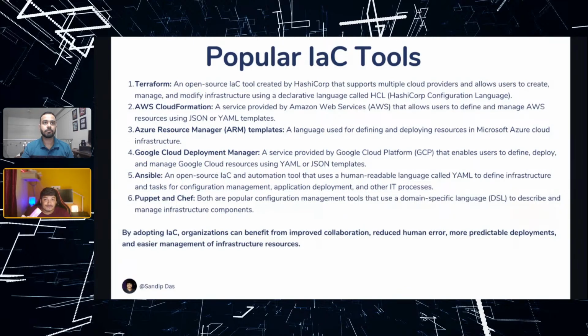Then we have configuration management. If you want to install software in different cloud services and all that, for that you have Ansible. Now, what is Ansible? Ansible is an open source infrastructure as code or configuration management automation tool which can use human readable language such as YAML to define infrastructure, or software resources or configurations.